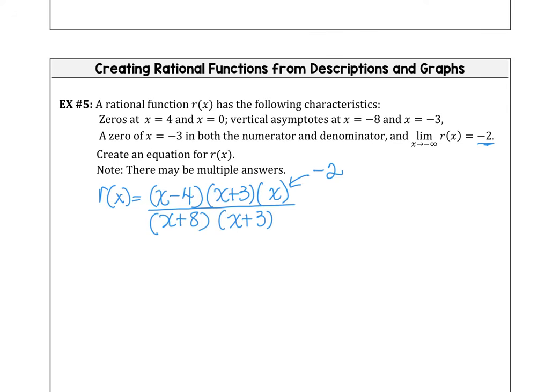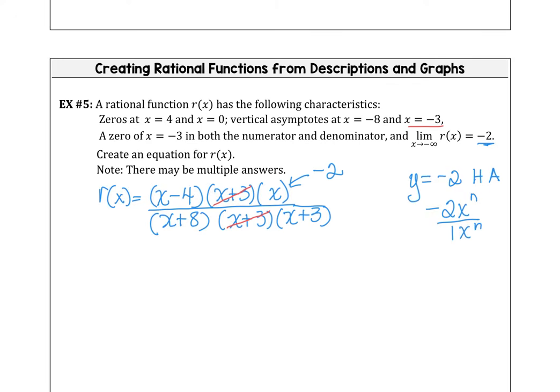Okay, so we've got an issue. If these cancel out, we still need a vertical asymptote at x equals -3. So I need one more factor of x plus 3. We also need the limit to go to -2. So if you think about it, if you want y equals -2 for the horizontal asymptote, we need to have -2x to some power here divided by 1x to the same power down here.